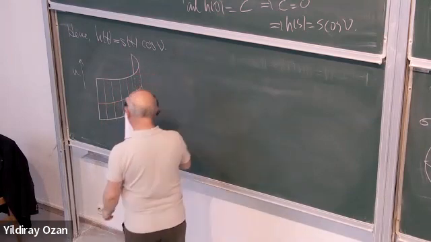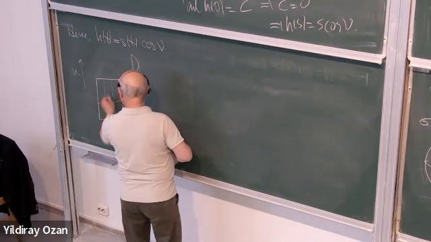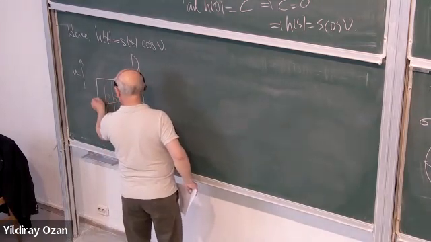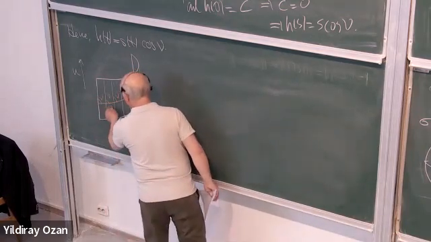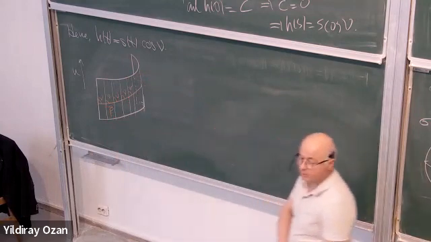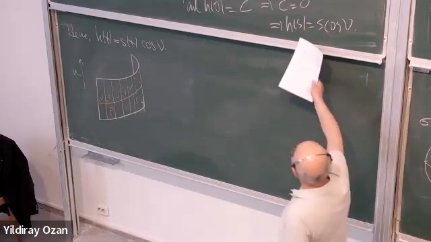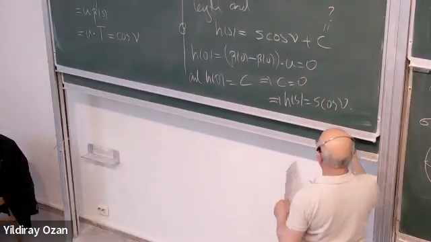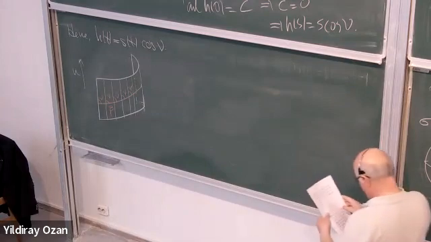And this angle is always the same. So this angle is constant, okay? And h of s in this case is just s times cosine v.